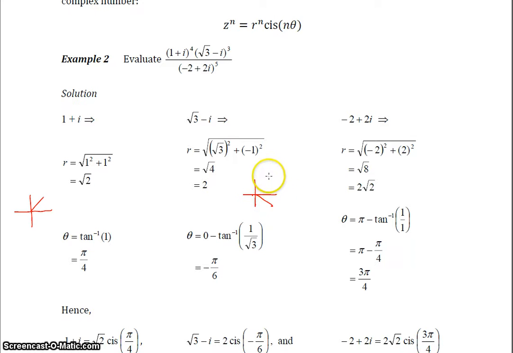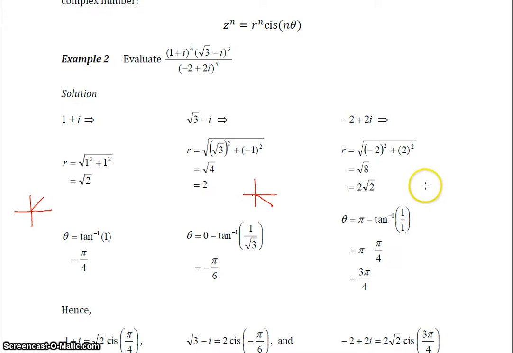Remember, our basic angle is just in the first quadrant, but we want to be in the fourth quadrant, so it's 0 minus our basic angle. So we write 0 minus arctan of 1 over root 3. Arctan of 1 on root 3 is pi on 6, so it's 0 minus pi on 6, which is negative pi on 6.